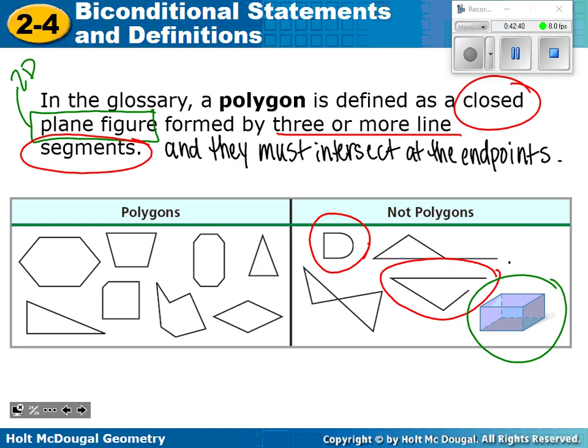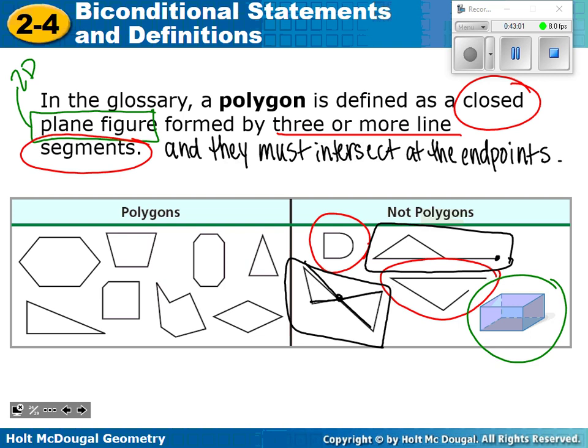So notice this example under not polygons, it doesn't intersect at the endpoint, right? And the same thing here, this is really 2 polygons put together, but if you think about this as a line segment, it's intersecting this other line segment in the middle. So they would say that's not a polygon. Okay, it's 2 polygons put together.